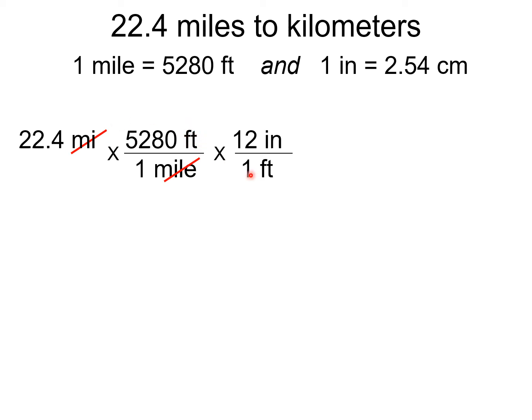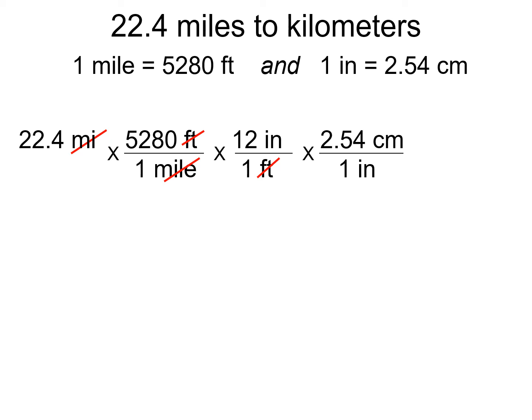5,280 feet. Feet convert to inches, so 1 foot equals 12 inches. And then we're going to use this conversion right here, where 1 inch is going to be equal to 2.54 centimeters. Now, that gets us to centimeters, which is pretty close to what we're wanting, but we want kilometers. There are 100 centimeters in 1 meter. There's 1,000 meters in 1 kilometer.